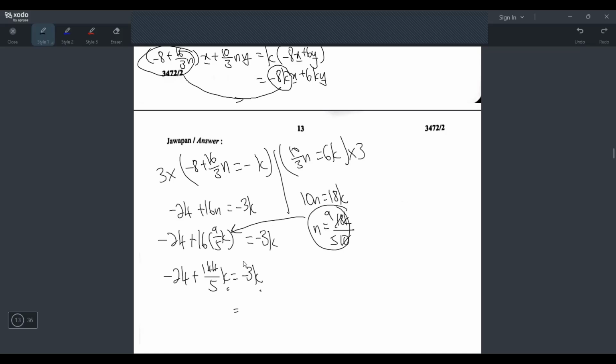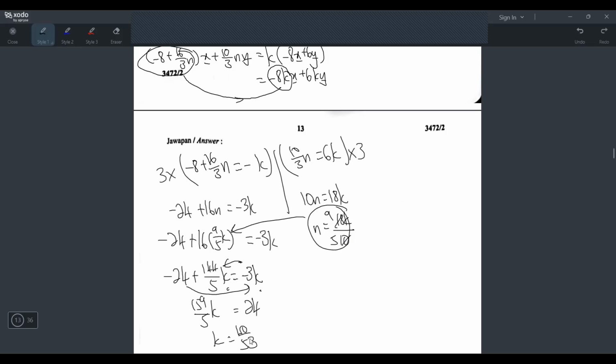The k's can be combined, but they are on opposite sides, so you have to make them the same side first. So 144 over 5k plus 3k. My calculator gives me 159 over 5k. And then the negative 24, throw it to the other side, becomes positive 24. So what is your k? 24 times 5 divided by 159, which is 40 over 53. But they never asked me to find k.